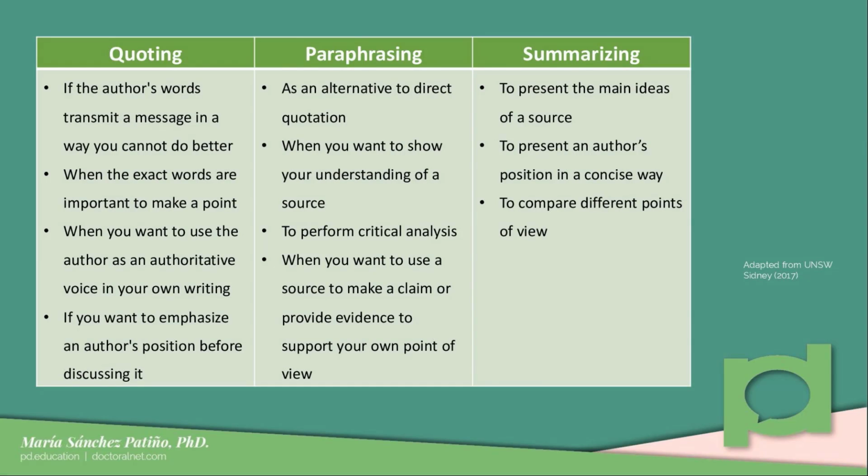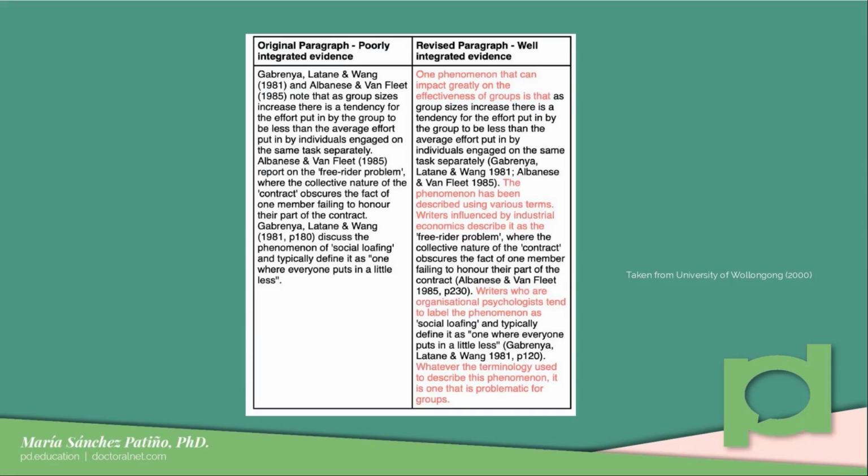All right. So in this slide, you can see an example of how a student does not provide their own voice in an academic text. The text on the left column is just what? A mixture of citations. And in fact, no claim is made. We don't know what the voice of the student is.